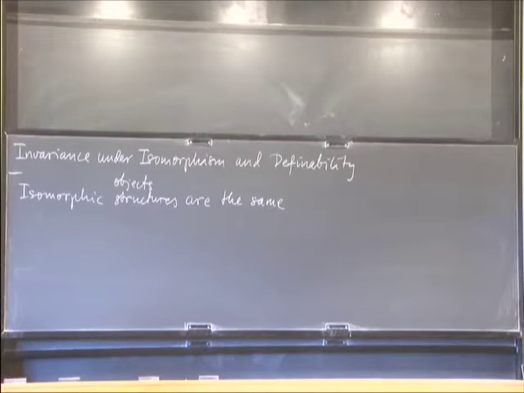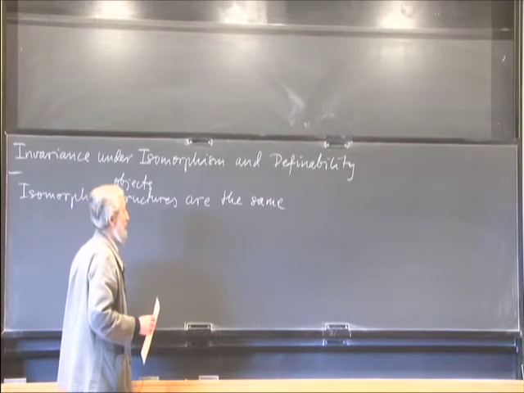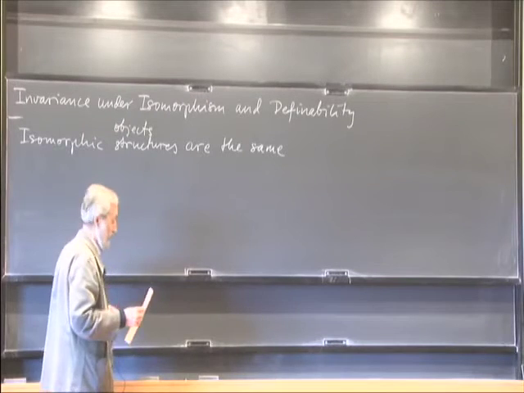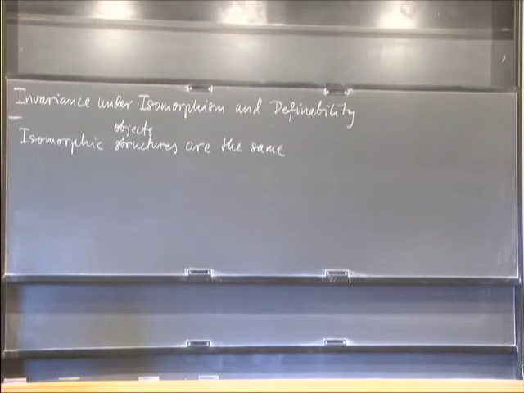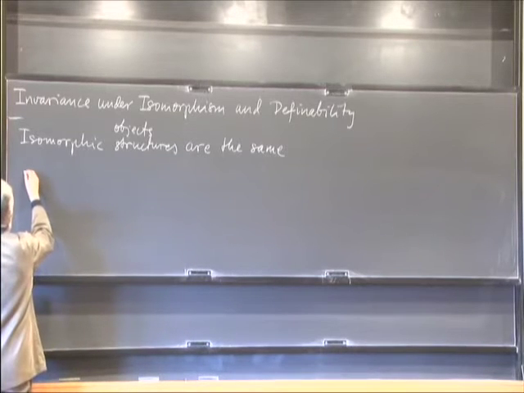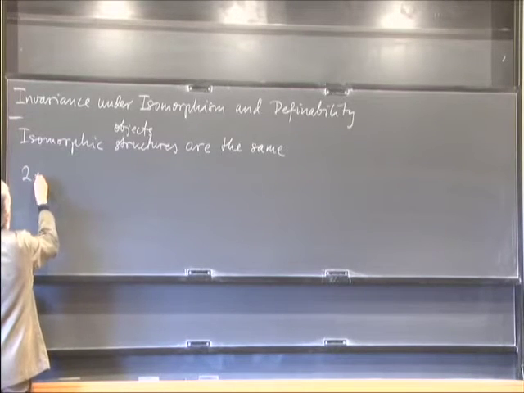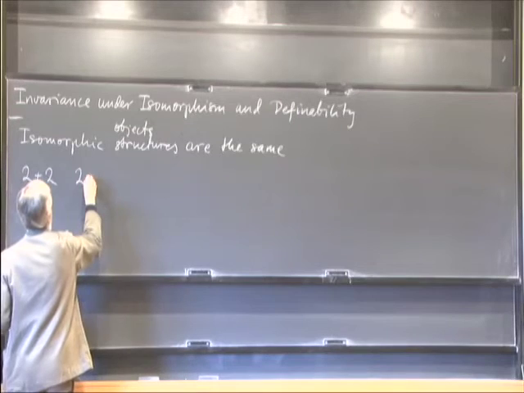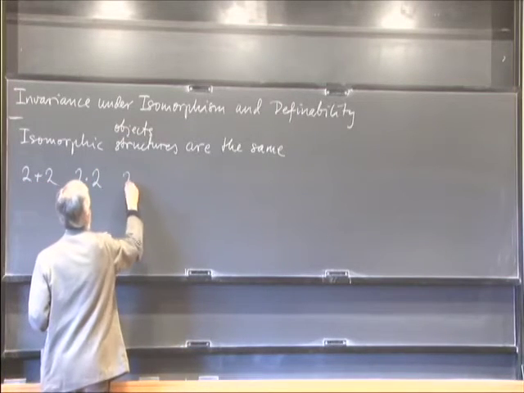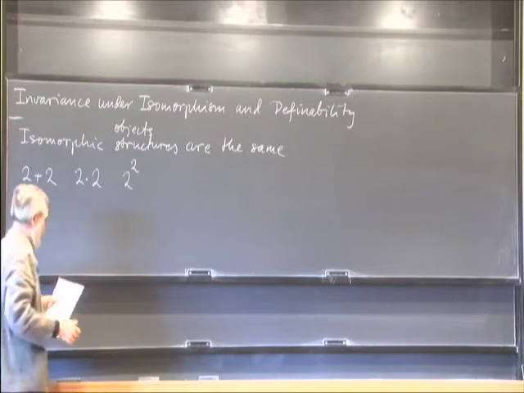So I find that it's called for to say something about the possible interpretations of same, and especially what is the relevant interpretation for this talk. And to do that, let's go back to Frege's canonical example of 2 plus 2, 2 times 2, and 2 to the power 2.